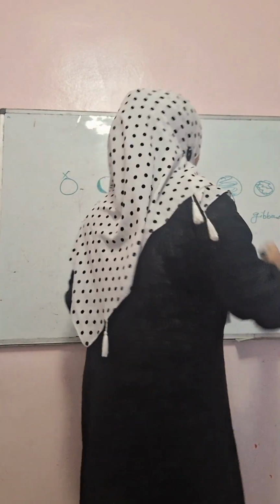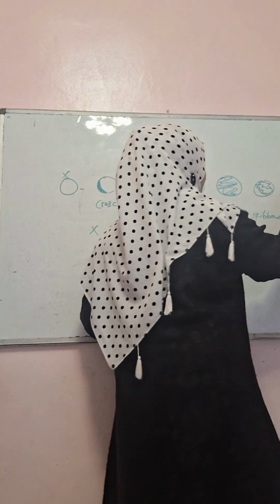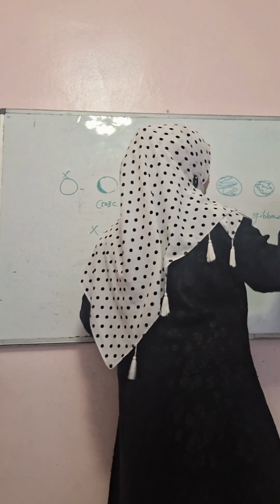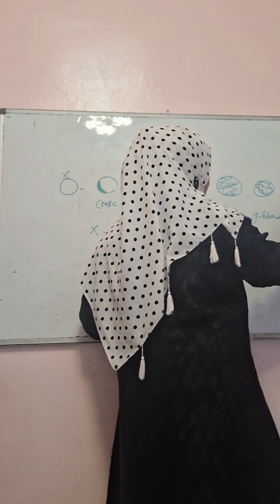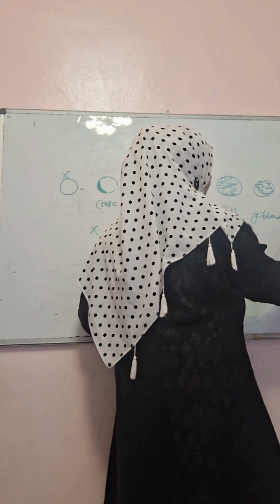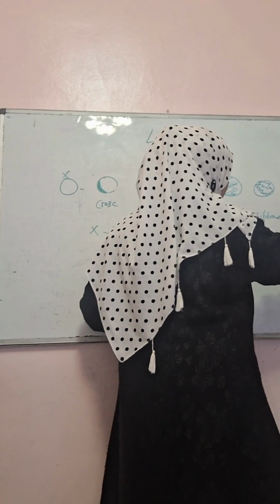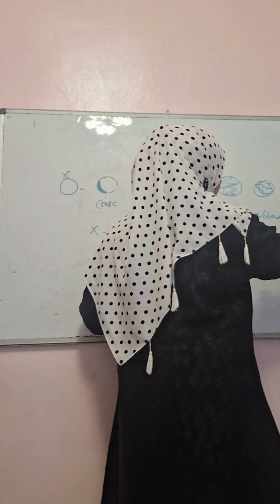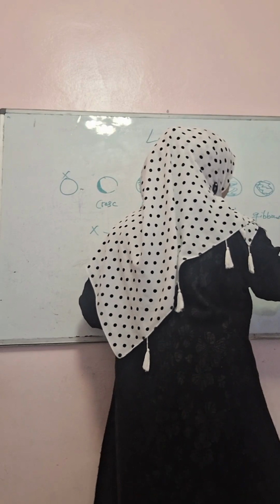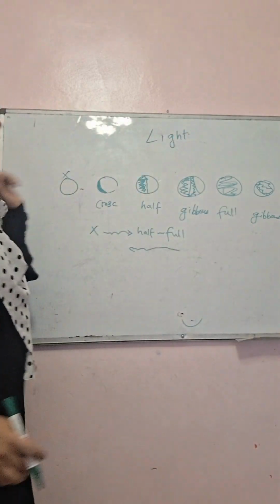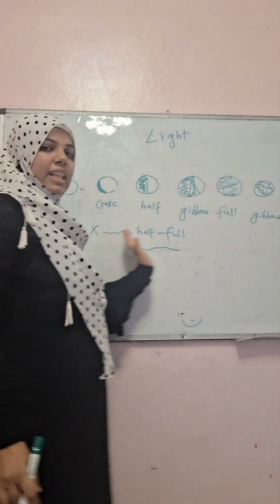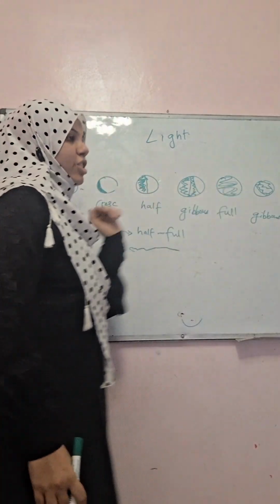So this is gibbous, only a little is not visible. Then comes half, we can still see half, and then we can only see a tiny bit. This is crescent, and after crescent will come no moon or new moon. So these are the 8 phases of the moon.